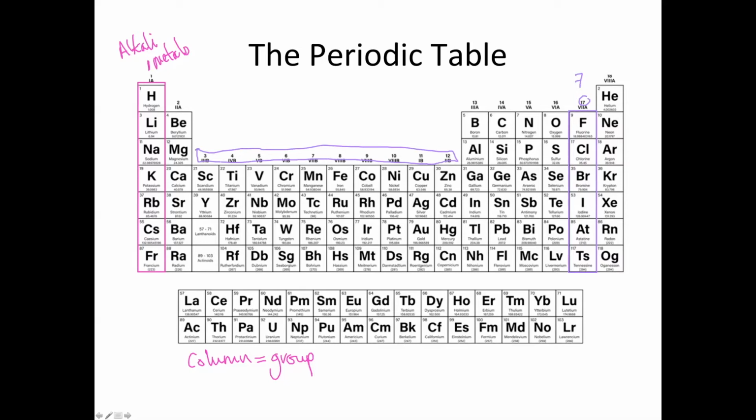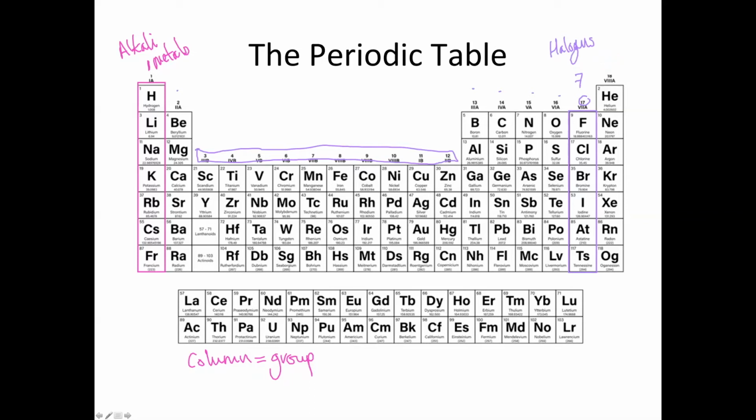So the groups go 1, 2, 3, 4, 5, 6, 7. And then this is group 8, but it can also be called group 0. We'll talk about that in a minute. So group 7 are called the halogens. And again, we're going to talk about their chemical properties shortly.